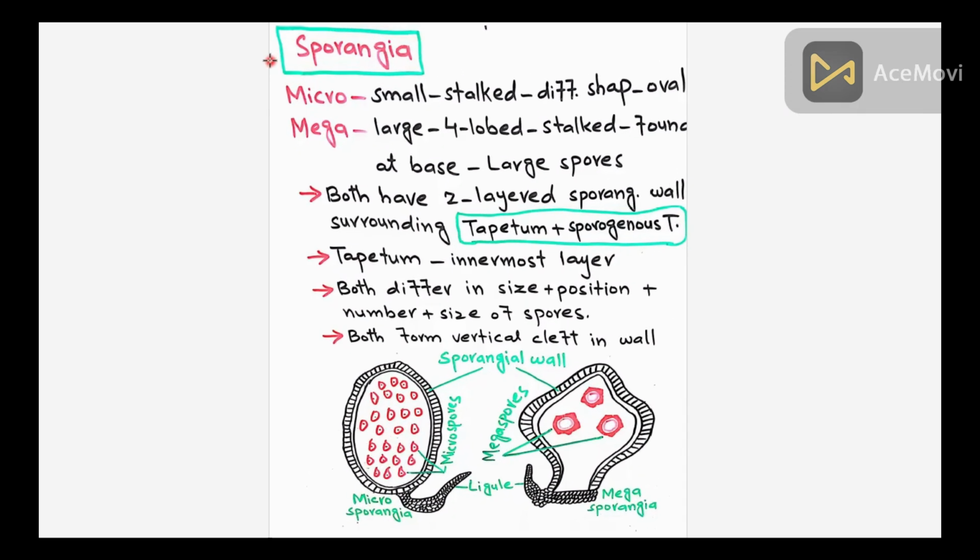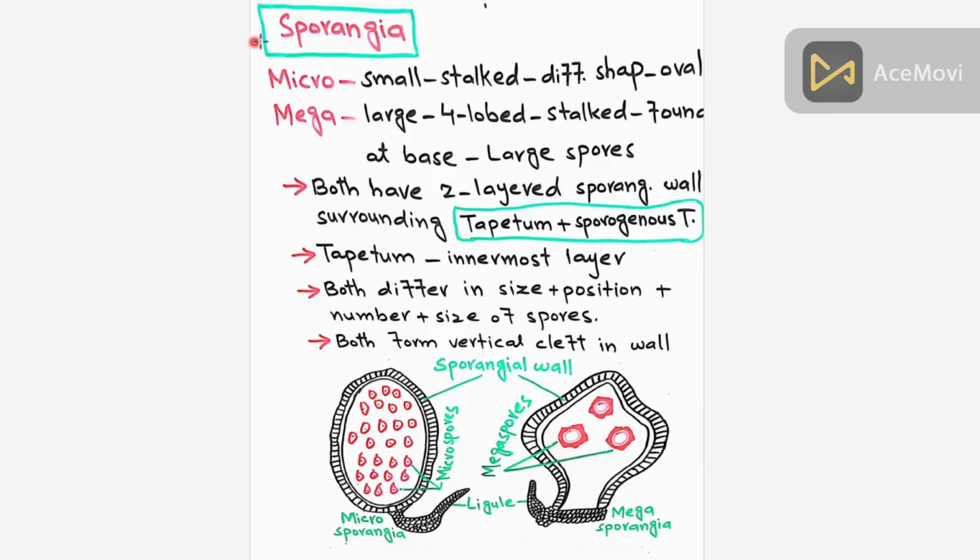The structure of sporangia in Selaginella. The microsporangia are small, stalked, variously shaped, mostly oval. Whereas the megasporangia are large, stalked, four-lobed, and normally present at the base of the strobilus and contain a few spores of larger size.